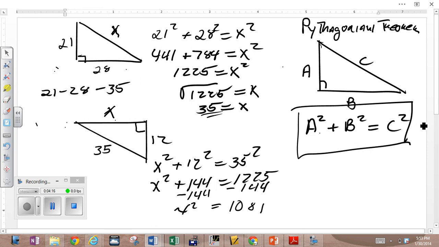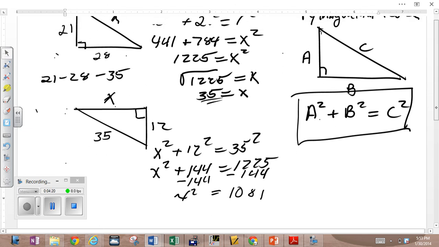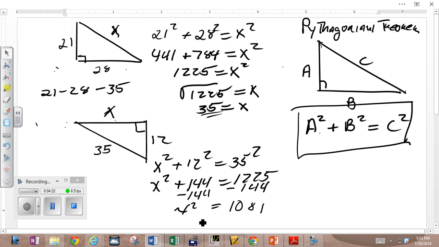Now I'm going to ask the calculator what is the square root of 1,081. So x is equal to the square root of 1,081. The calculator will tell me that in no time.